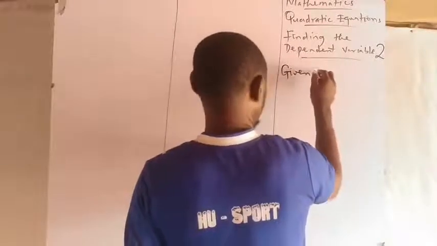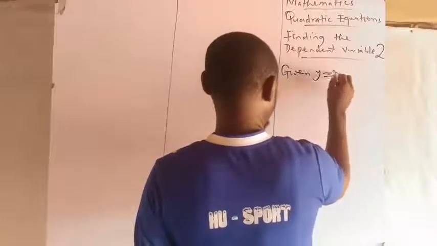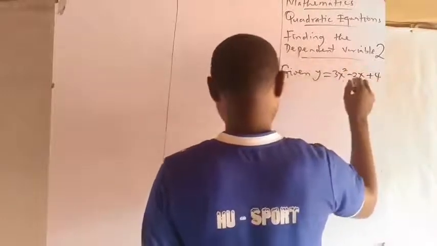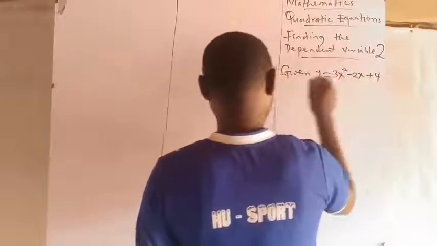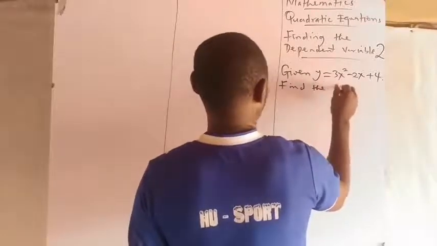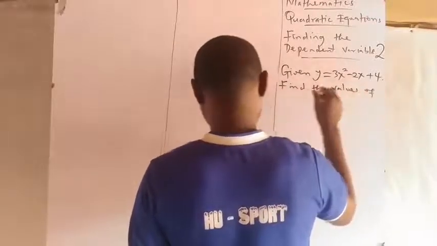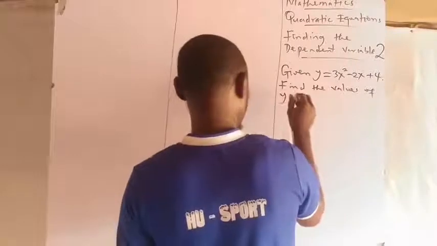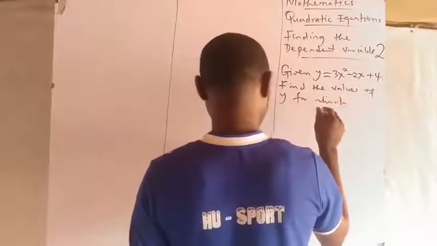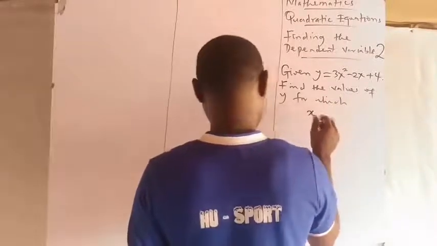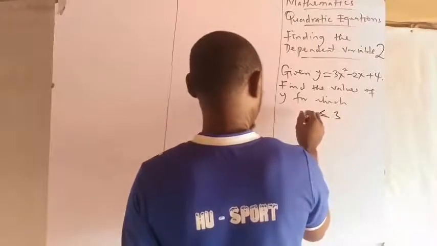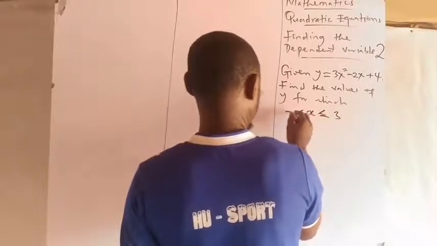Given y is equal to 3x squared minus 2x plus 4, find the values of y for which x is less than or equal to 3, greater than or equal to minus 3.